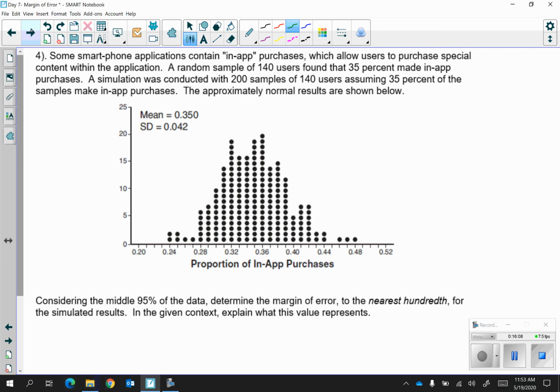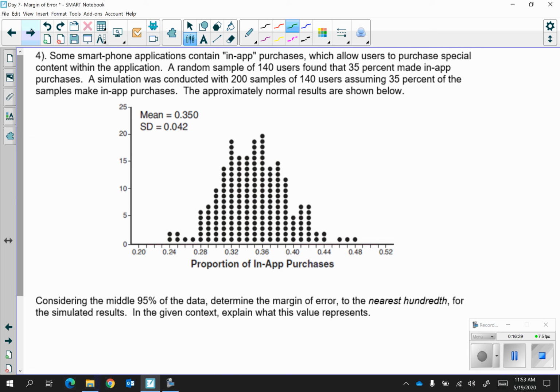Let's look at another question. We have some smartphone applications that contain in-app purchases, which allow users to purchase special content within the application. A random sample of 140 users found that 35% made in-app purchases.